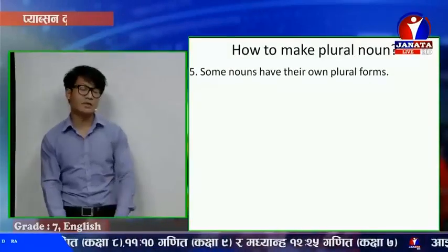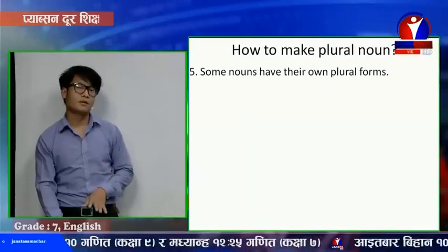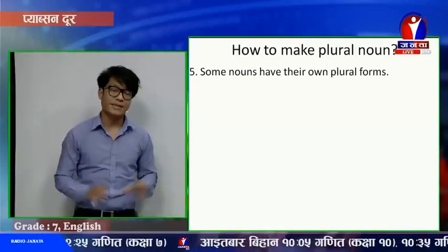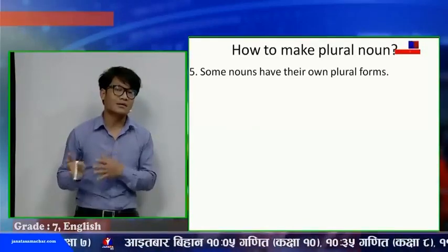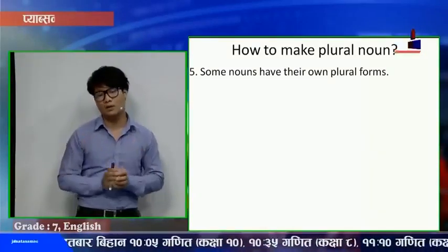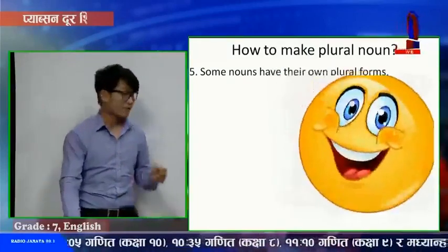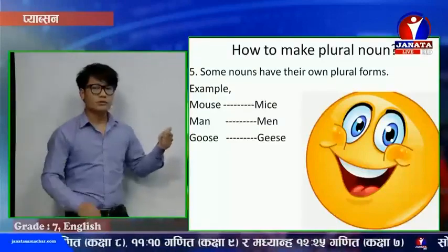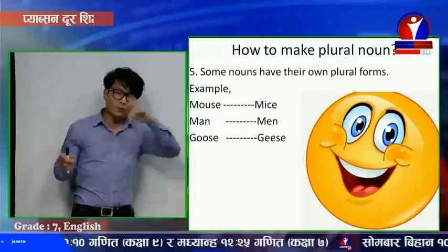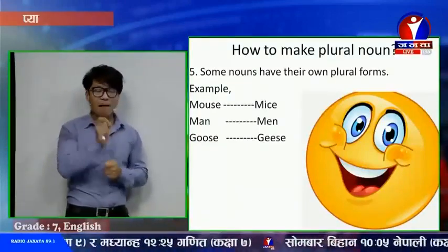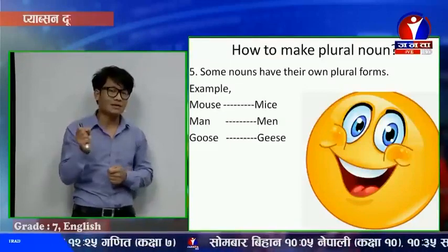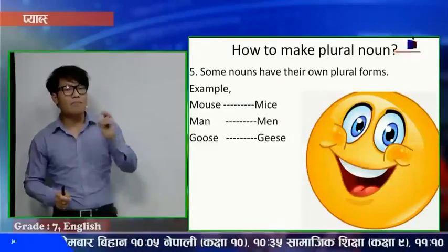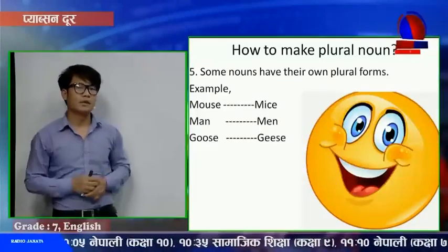Some nouns have their own plural form. Now let's see what are the nouns which have their own plural form. You can see this side, example, mouse, mice. If you add S at last to M-O-U-S-E, mouse, to make it plural, then that will be wrong, because this noun, mouse, has its own plural form.